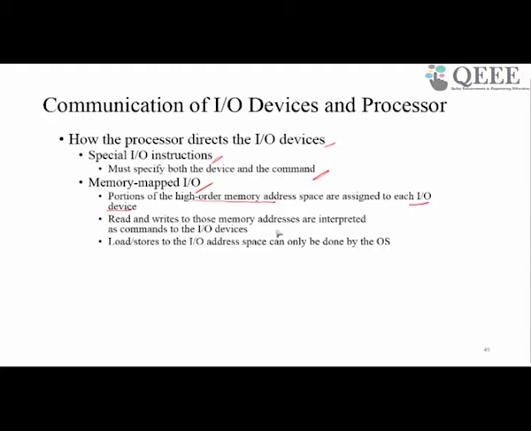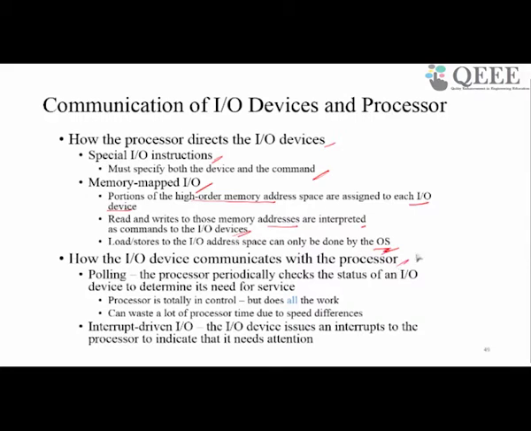So a read or write to these memory addresses is interpreted as a command to these IO devices. You can read the status register, you can write to the configuration or control register, and so on. Generally these locations are accessible only by the OS, so only through the OS can these IO interactions be initiated.